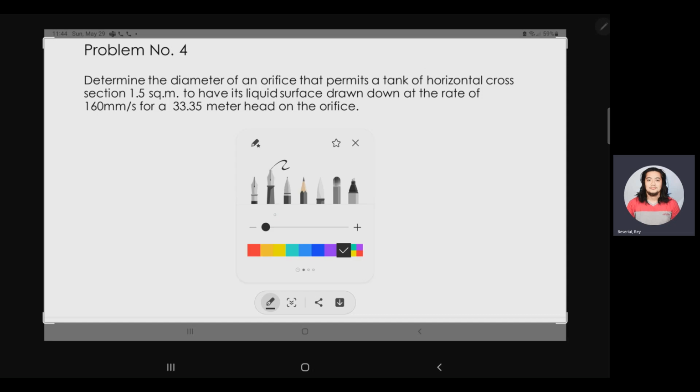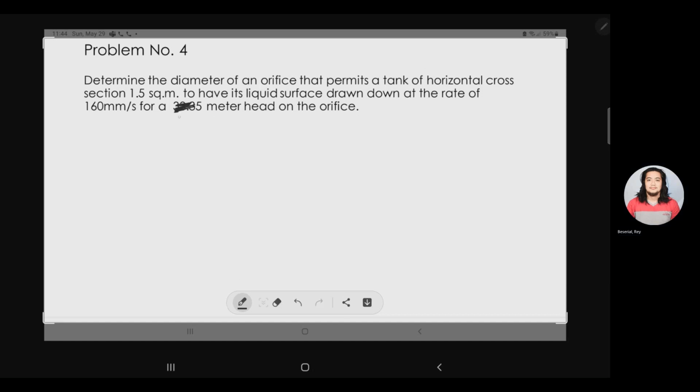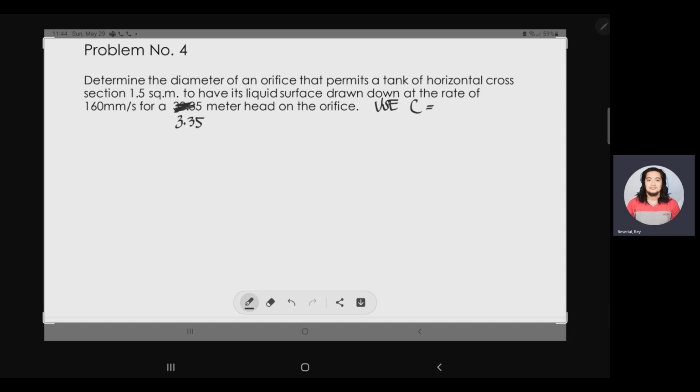Hindi ko pala na-edit, 3.35 ito ha. Then we will use C, the coefficient of discharge, of 0.63.